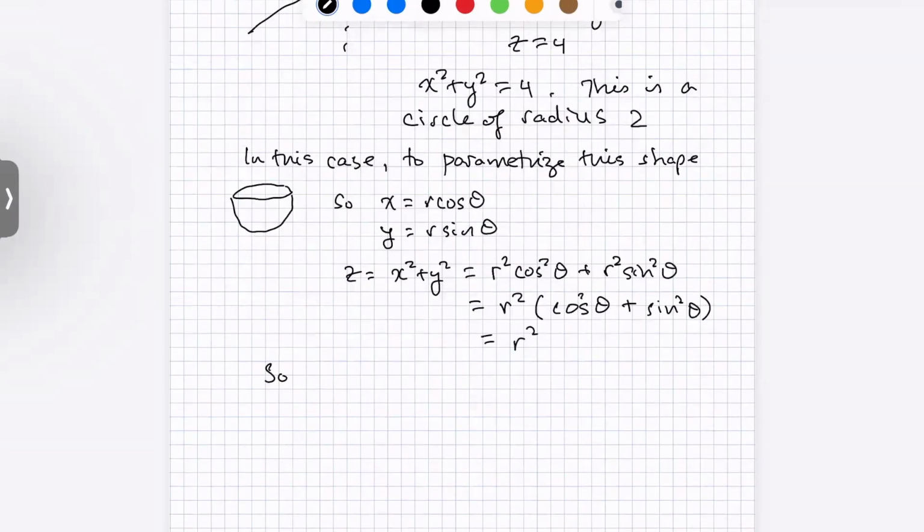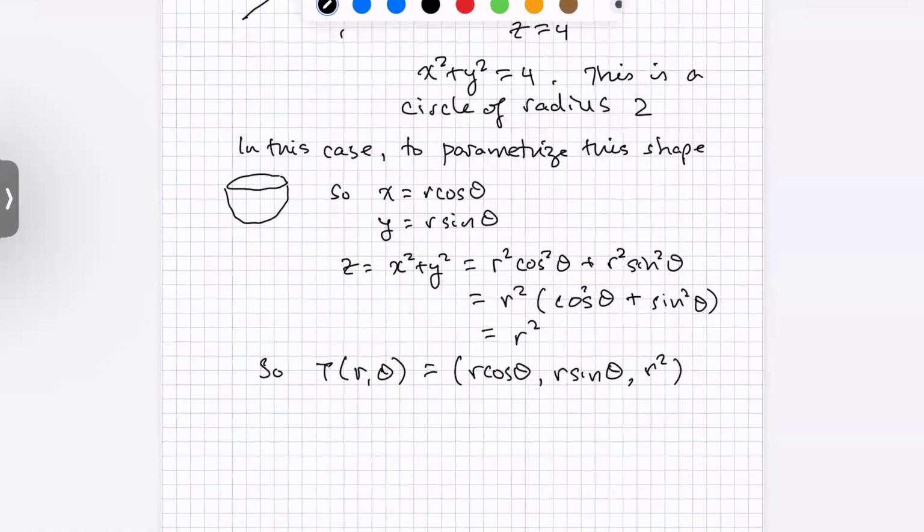So in this case right here, we can write T, but T is in terms of r, theta. X is r cosine theta. Y is equal to r sine theta. And z is equal to r squared. And what exactly do we have going on here? R is going from 0 to 2 because the radius is 2, and theta is going from 0 to 2 pi.